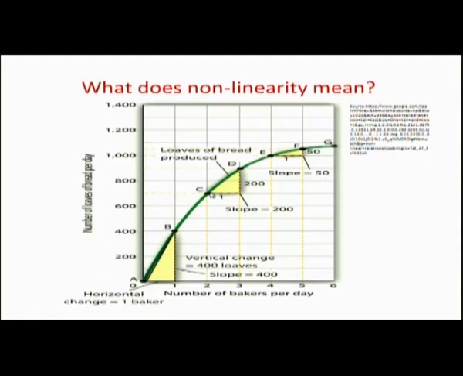At this place, when x changes from 2 to 3, the change is the same, 1. But now the change of y is from this point to this point only, and this is much less than this change of 400. Here the change is much less.